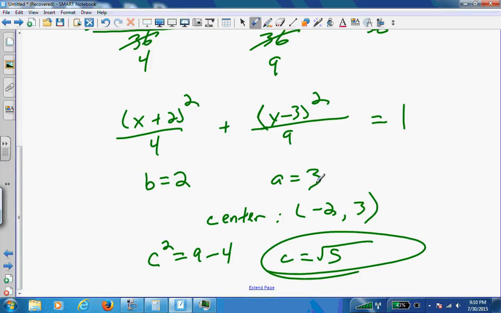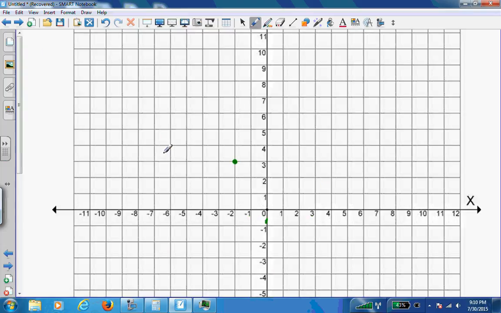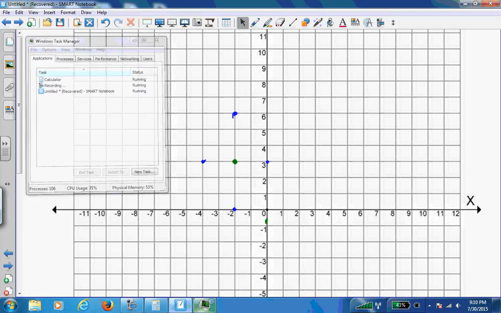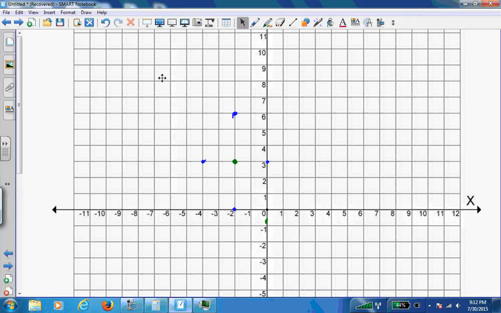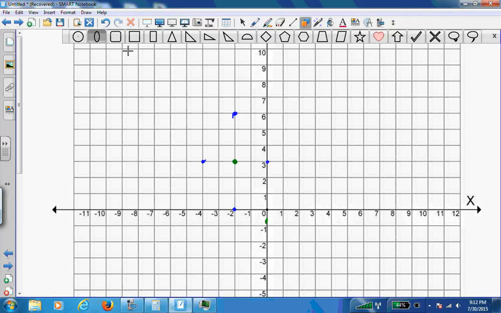A is in the y direction, 3 units. B is in the x direction, 2 units. So 3 units in the y direction, 2 units in the x direction. So we can construct our ellipse.